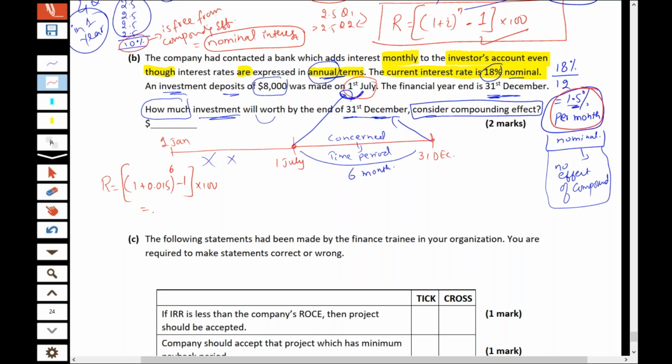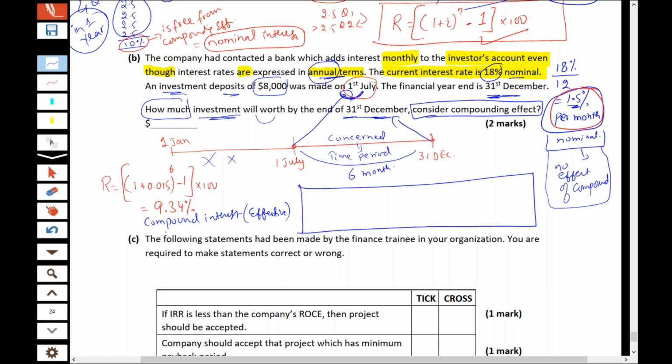So that will be giving me, up to 2 decimals, 9.34%. That's the compound interest, which is the effective compound interest for the 6 months concerned.